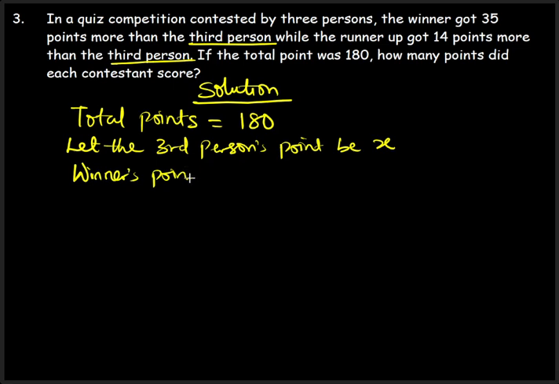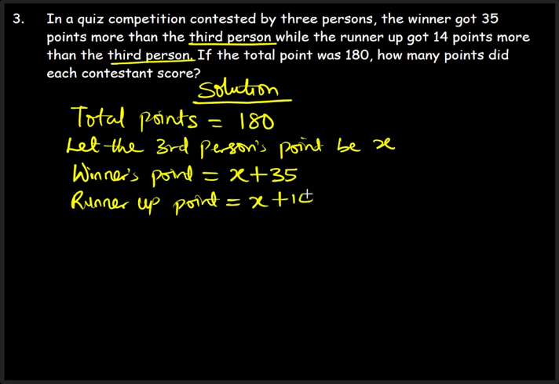If the third person's point is x, then the winner's point equals x plus 35, since the winner got 35 points more. The runner-up's point equals x plus 14, 14 points more.